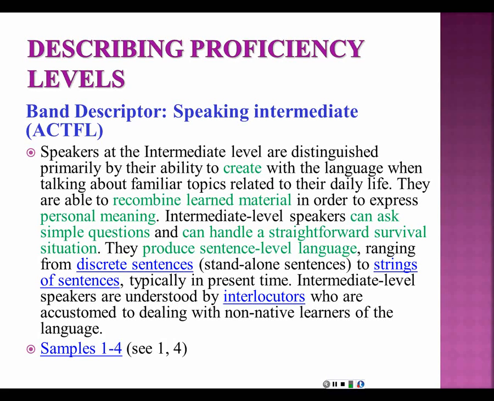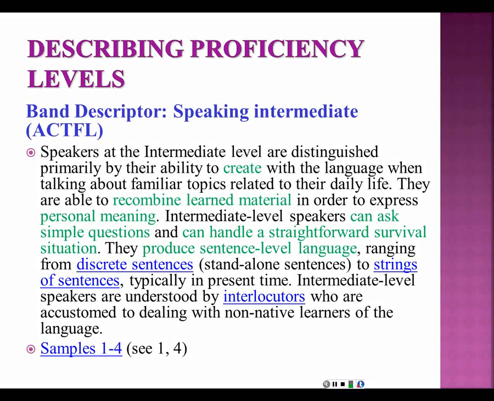Intermediate level speakers are understood by interlocutors who are accustomed to dealing with non-native learners of the language, not necessarily by native speakers that are not attuned to the language learners speaking.